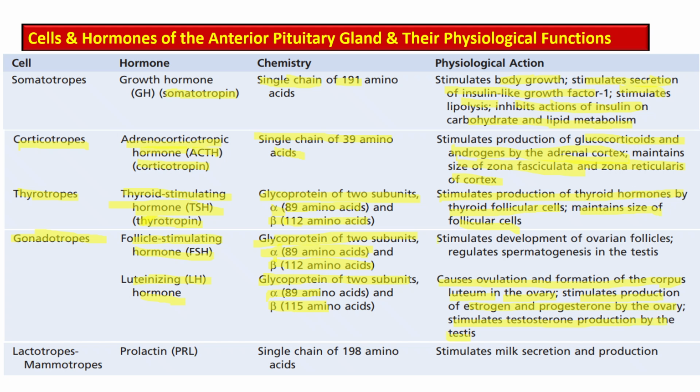The follicle stimulating hormone stimulates the development of ovarian follicles in females, and in males it regulates spermatogenesis.